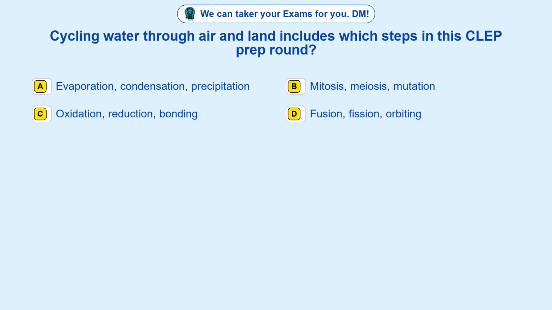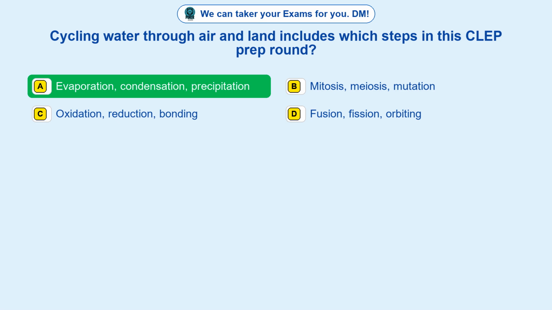Question 87. Cycling water through air and land includes which steps in the CLEP prep round? Option A, evaporation, condensation, precipitation. Option B, mitosis, meiosis, mutation. Option C, oxidation, reduction, bonding. Option D, fusion, fission, orbiting.